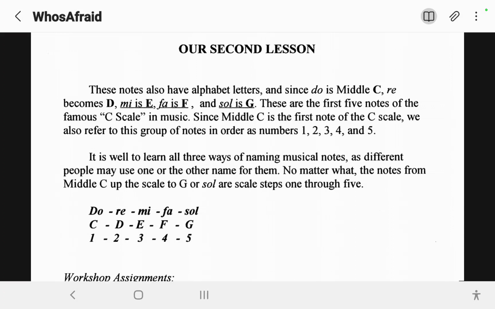And if it's fa, they're reading off a fa or bass clef. There's also another clef called the do clef, which is also called the middle C or alto clef.